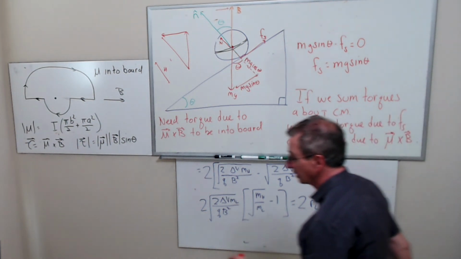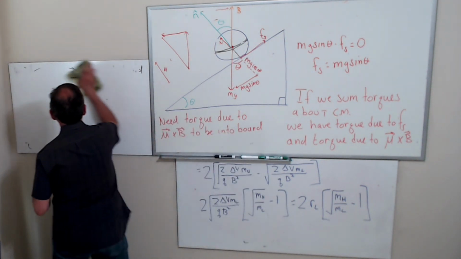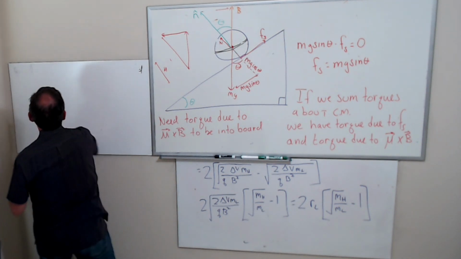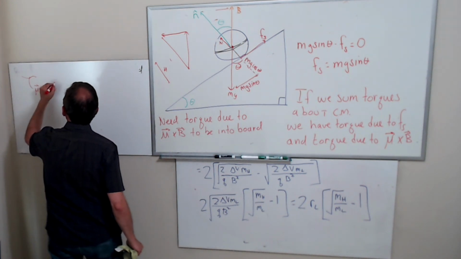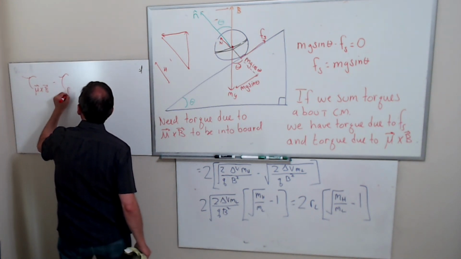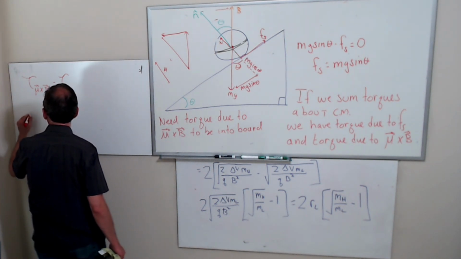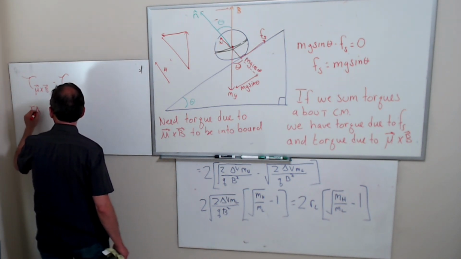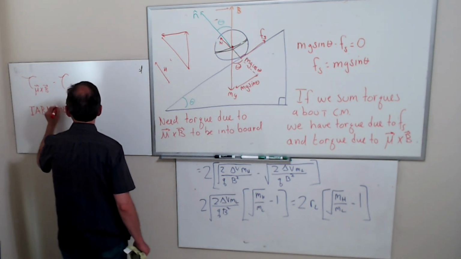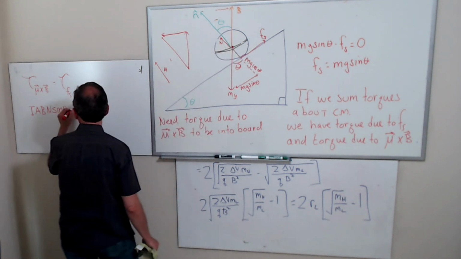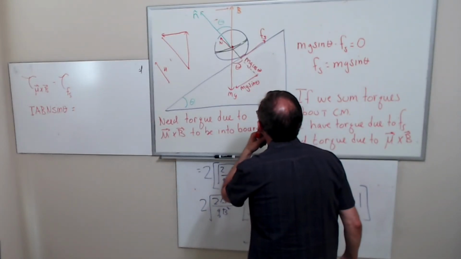So we want the torque due to, and I'm making this long-winded, I apologize. We want the torque due to mu cross B equal to torque due to friction. This is just going to be I times A times B times N sine of theta because of the angle between these two. Now, what's the torque due to friction?